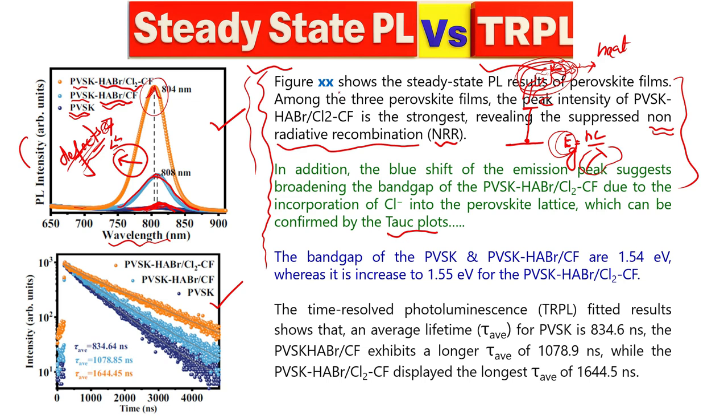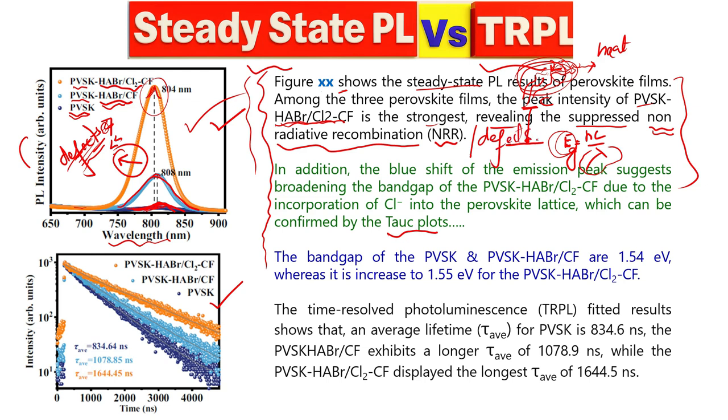So this kind of information we have to write about this graph. We can write: this figure XX shows the steady state PL of the perovskite film. Among these three, the last one has the strongest peak, revealing that it suppresses the non-radiative recombination. You can also write that because of this passivation or addition, they reduce the defects.